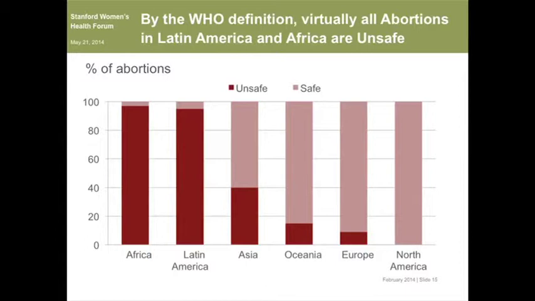The same is true for Africa. And we see a declining proportion of unsafe abortions in Asia, particularly because Asian statistics are generally swamped by Chinese data where abortion is safe and widely available.